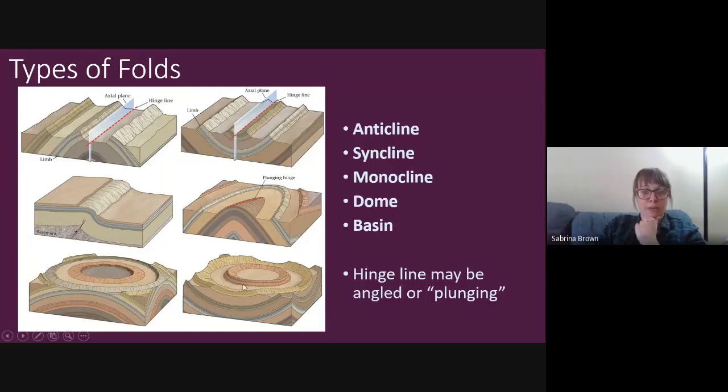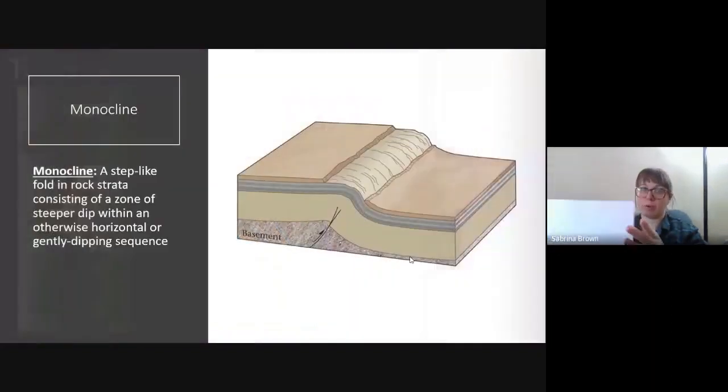And then we have domes and basins, which are also opposites of each other. All right, our hinge line can be parallel to the ground, or it can be plunging or angled. And we'll talk about that a bit more as well.